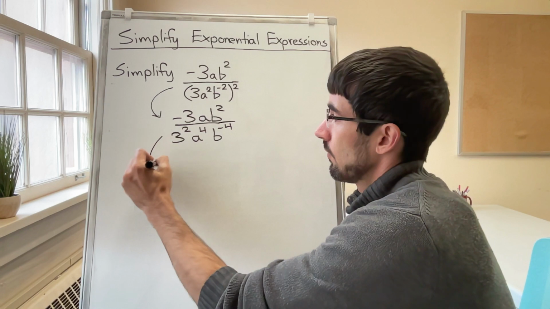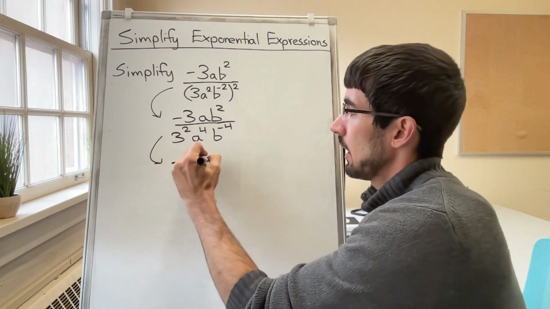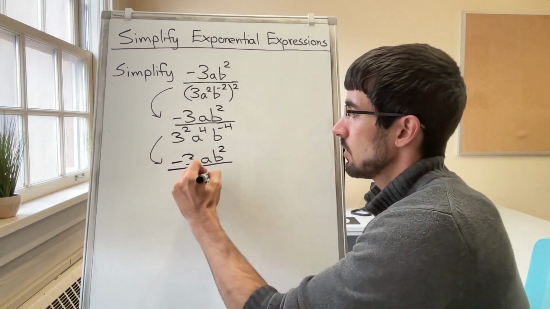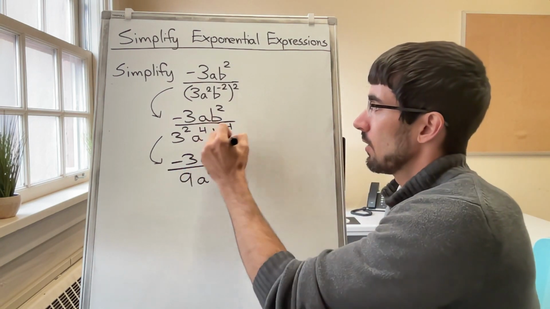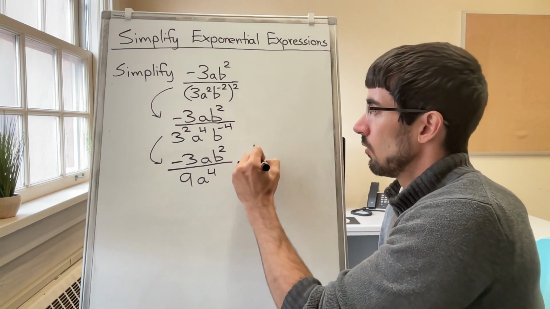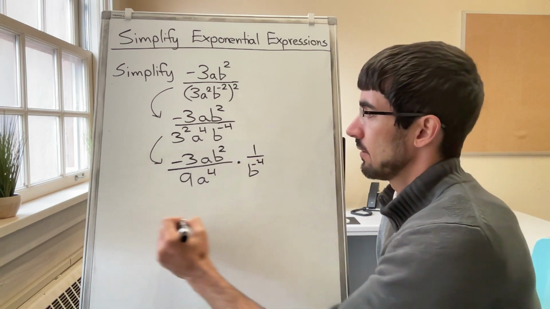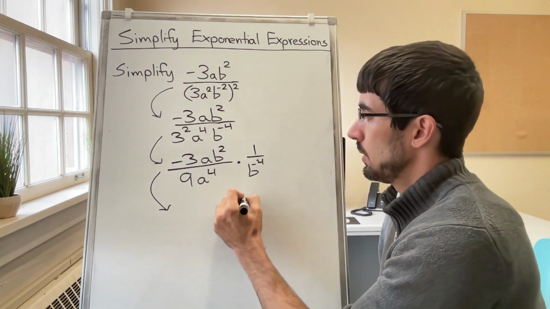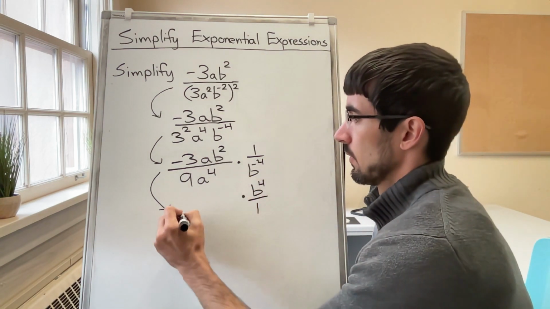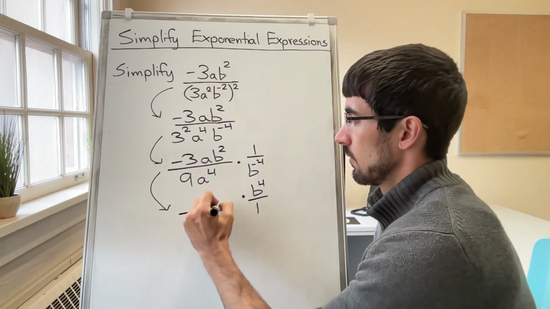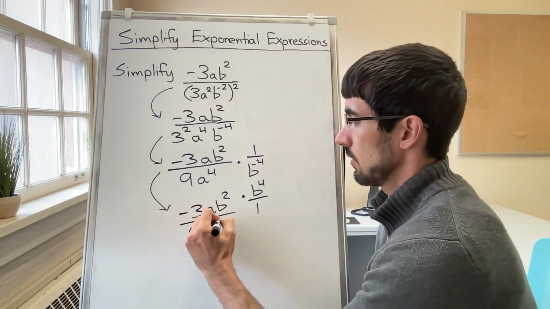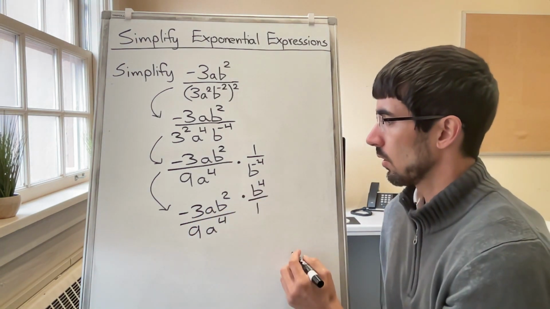So I have negative 3ab squared over 9a to the 4th. Let's separate out that b to the negative 4 in the denominator. 1 over b to the negative 4 is the same as b to the positive 4 over 1. So we have negative 3ab squared over 9a to the 4th times b to the 4 over 1.